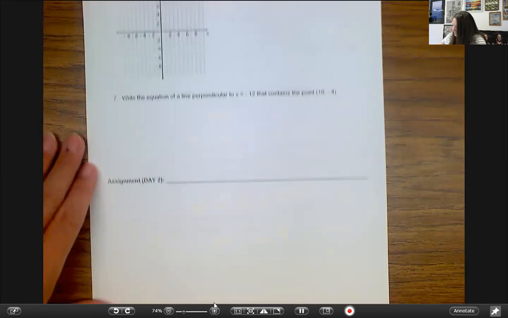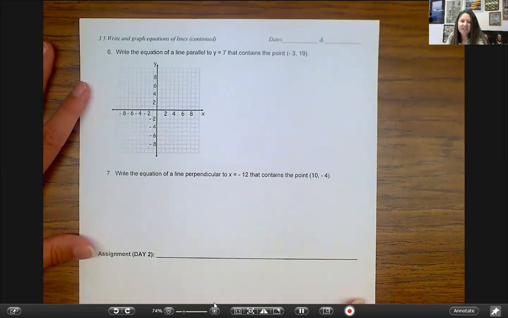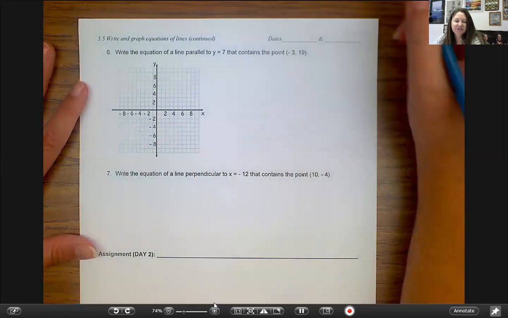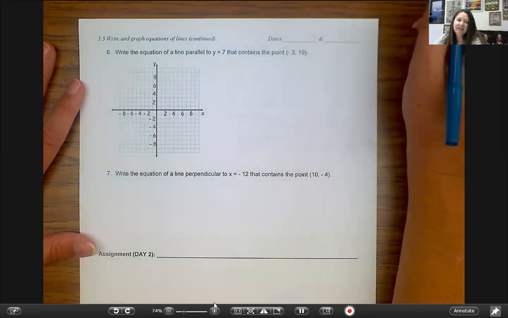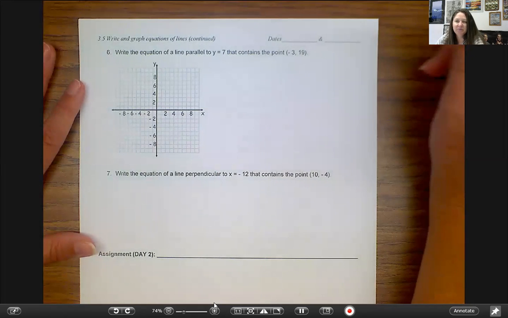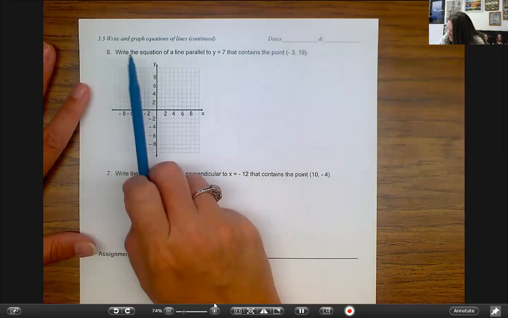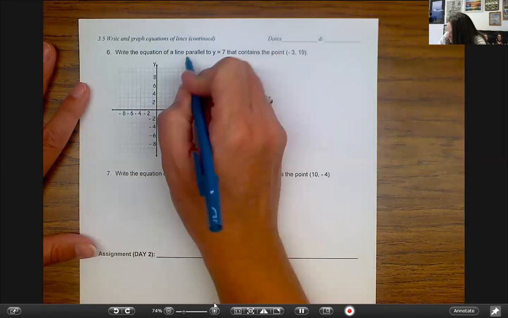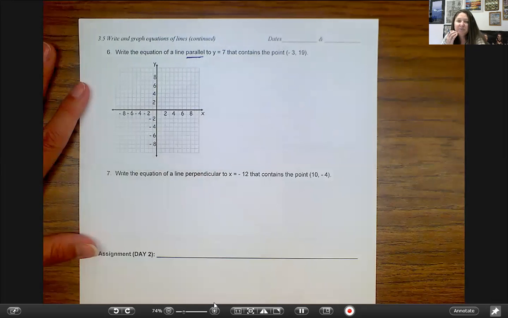Now, I want to extend this lesson just a little bit further, just to help us review some concepts about horizontal and vertical lines, because we want to be able to apply it to our parallel and perpendicular situations. So in number 6, we were asked to write an equation of a line parallel to y equals 7 that contains the point negative 3, 19.